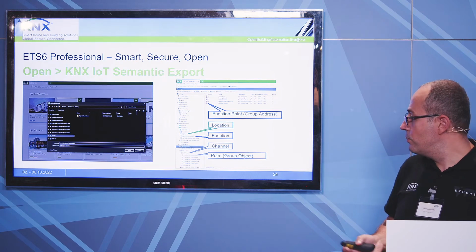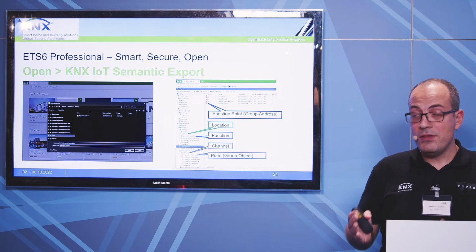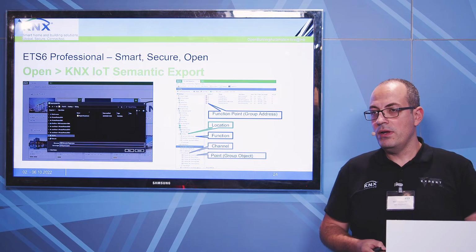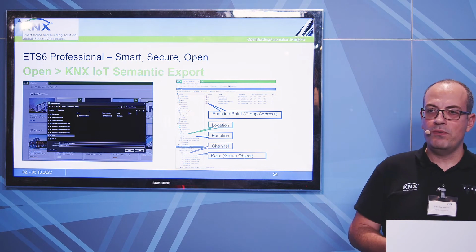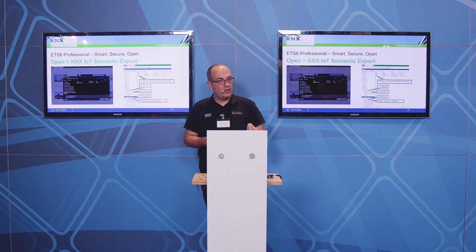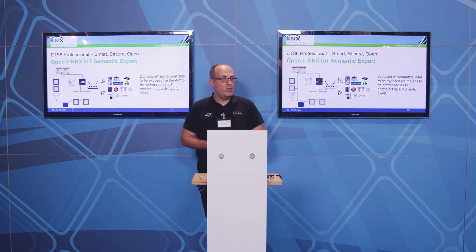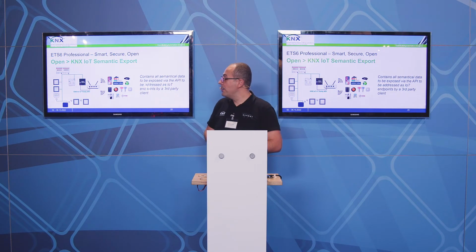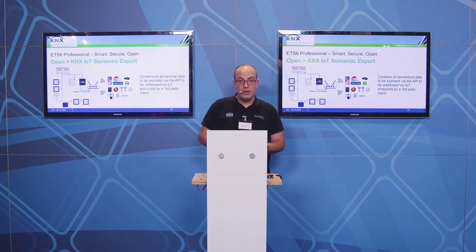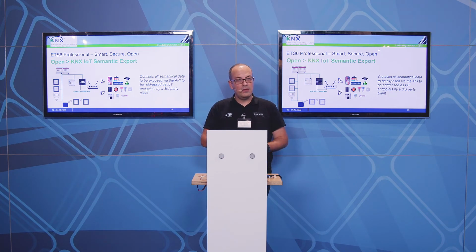We can have the location, we can have the functions, the channels, and this information will be appended, or is already appended, to the project, and later next year we will be able to provide a semantic export functionality that will export the semantic file that can be used later in the third-party API gateway, so that external clients like those that you see here on the screen, whether weather stations or other point API clients, can access the KNX installation in an easy, standardized and IT-friendly way.